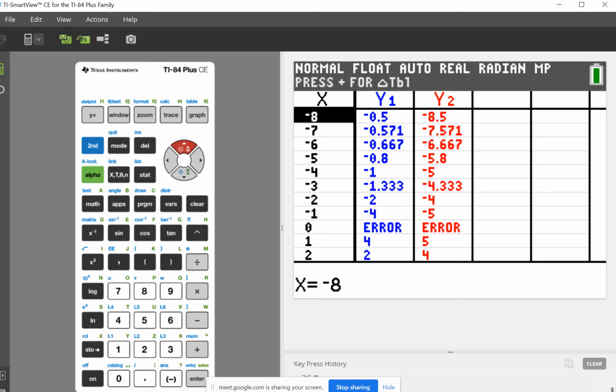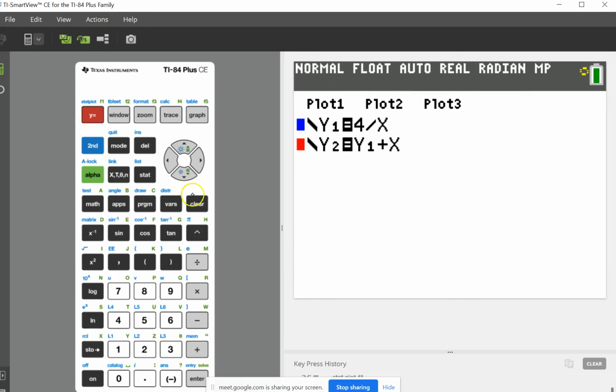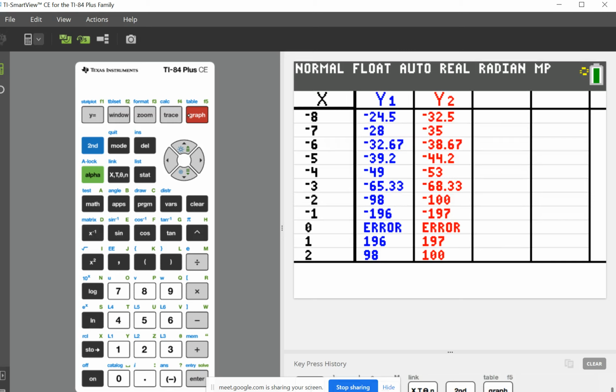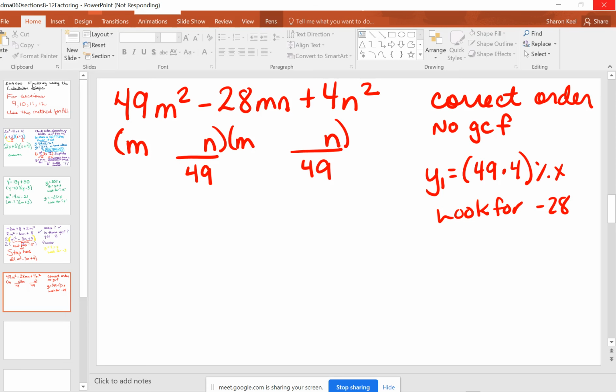Okay, so calculator, Y equals, hit clear. And instead of having to go two places, I'm just going to do it right here. 49 times 4, close your parenthesis, divided by X. Second table, and our middle number was a negative 28.